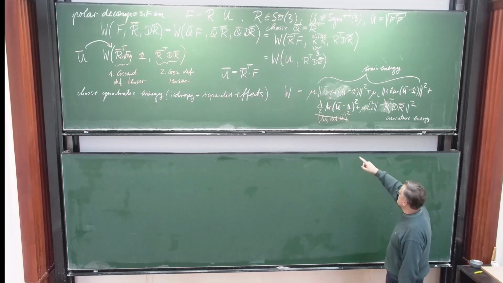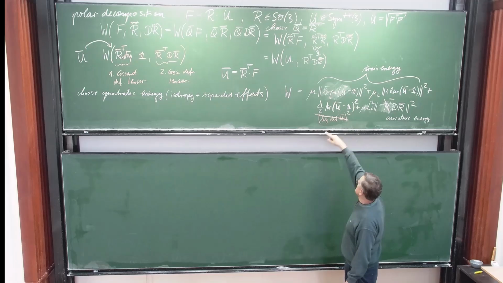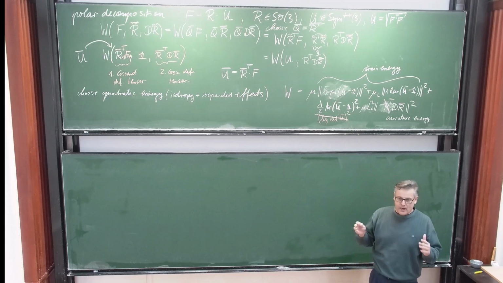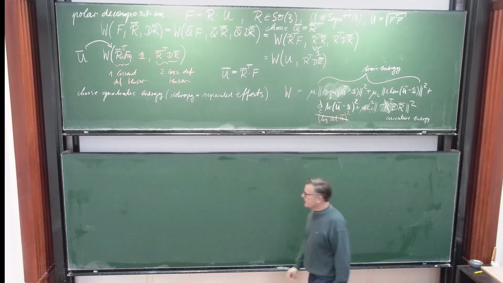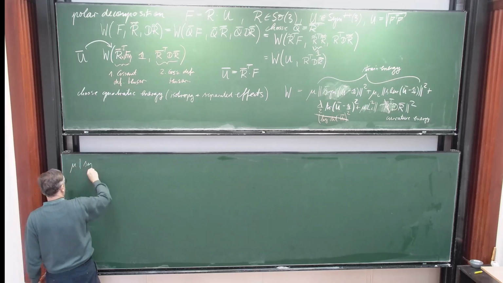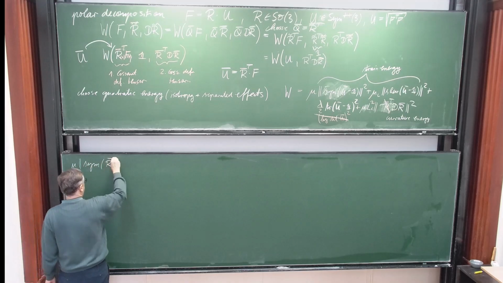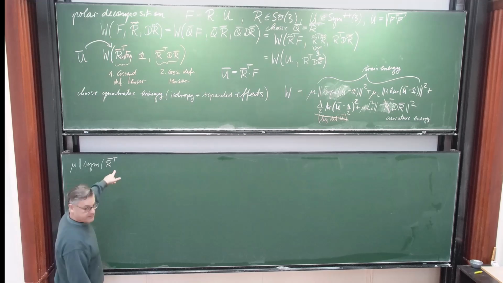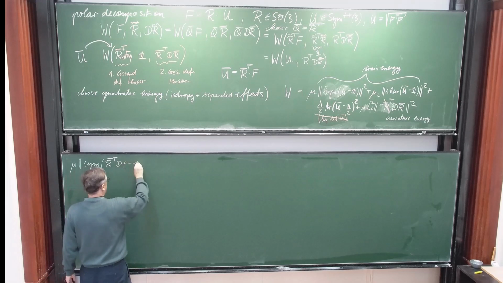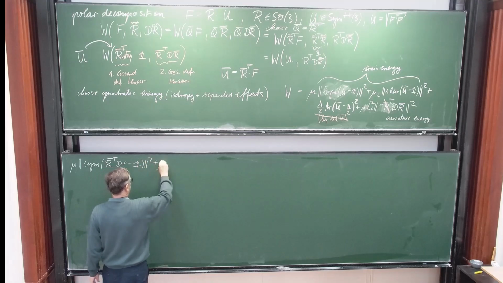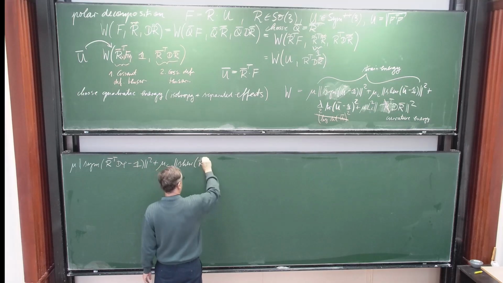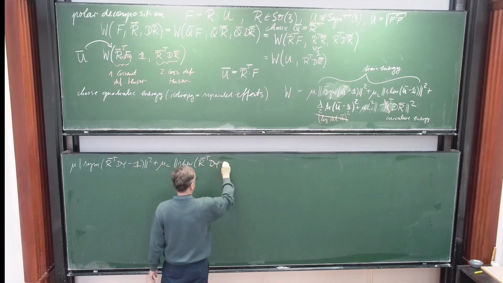And what I want to say is we can forget about the trace term because it doesn't add anything to the argument. So we look only at Sym R transposed, and now I'm writing it down as it is written, d phi, plus mu c, q of R transpose d phi minus 1.